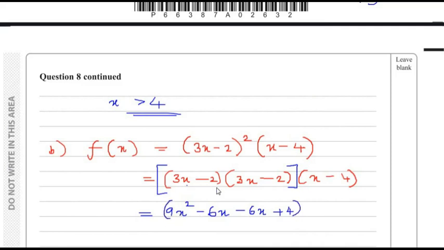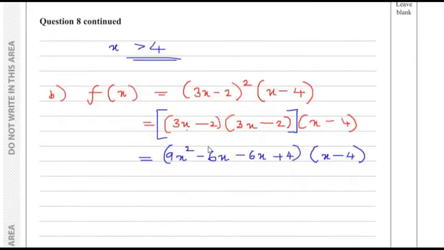So this is the expansion of first 2 brackets. Again x minus 4 remains untouched. Here I can further simplify this and write it as 9x square, and minus 6x and minus 6x are like terms, so I will combine them and write it as minus 12x plus 4 and then x minus 4.